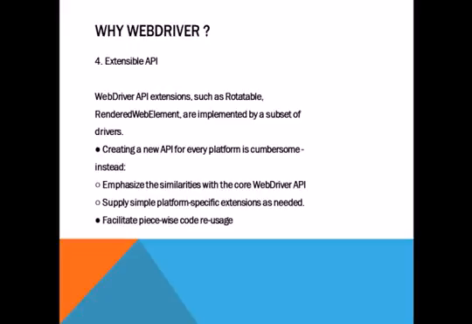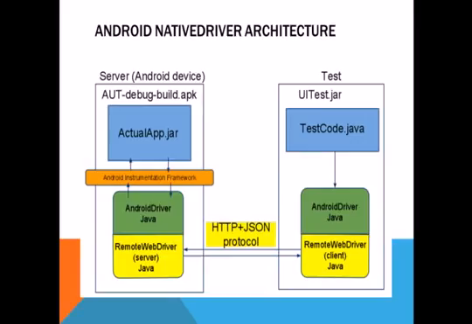Somehow we have to find a way to reuse the 100 scripts, which will support our 1,000 new test cases. This is really efficient and really time effective. Let's talk about Android native driver architecture.